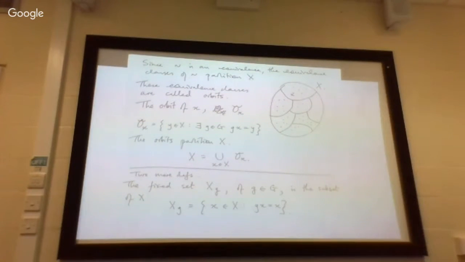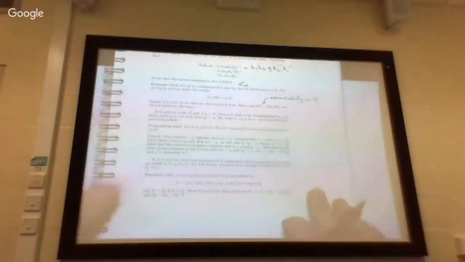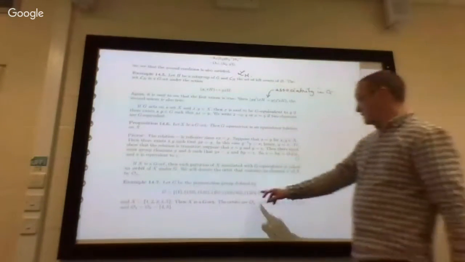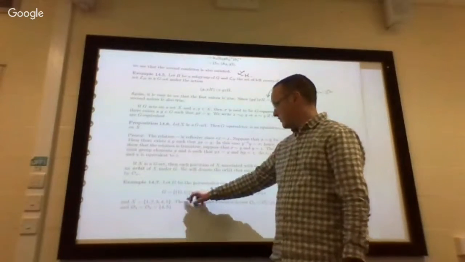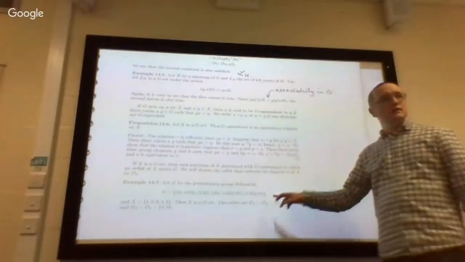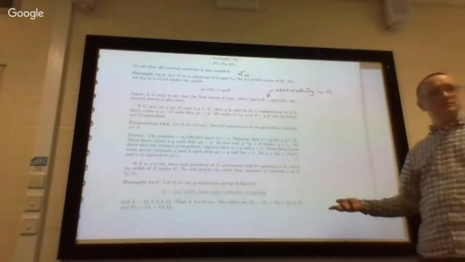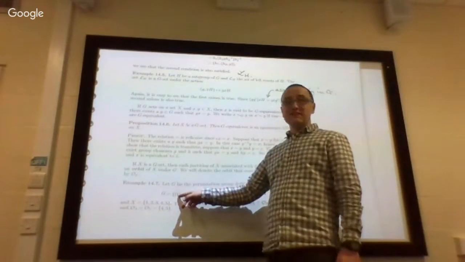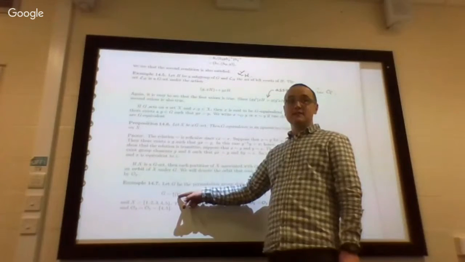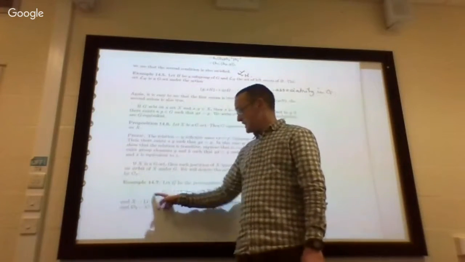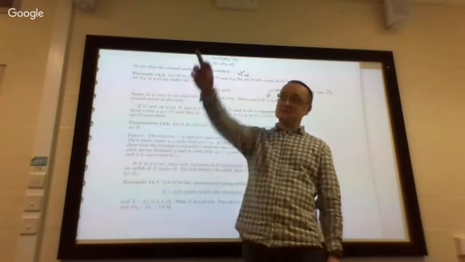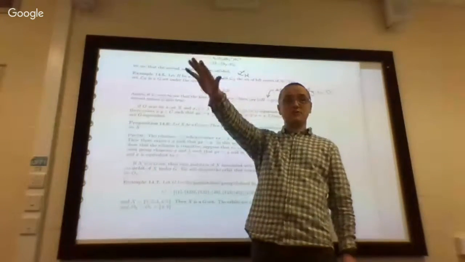For instance, let's look back at that example we just looked at. This action here. So here are the 1, 2, 3, 4, 5, 6 group elements. Let's look at the fixed set of each of them. So the identity. What's the fixed set of the identity? It's the elements in the set X that are fixed by that. Well, that's everything. Property 1 says ex equals x for all x.